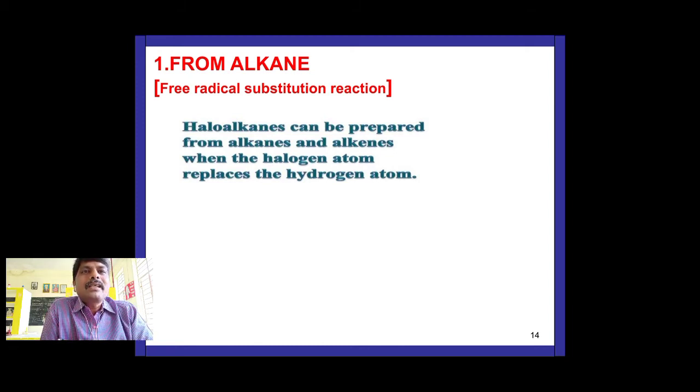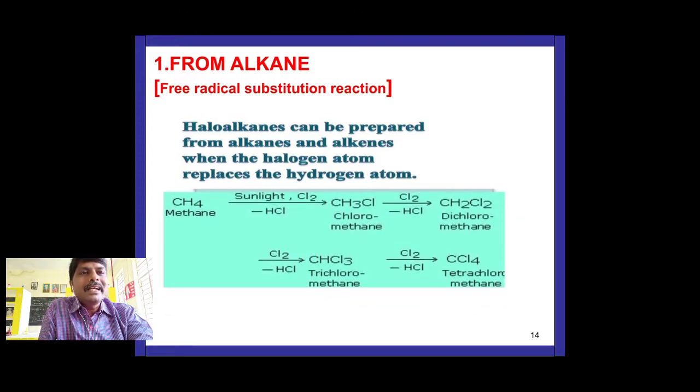So it is an example of a free radical substitution reaction. By the same reaction, here you can prepare haloalkane. Haloalkanes can be prepared from alkanes when a halogen atom replaces a hydrogen atom. It is a reaction already there in class 11th.